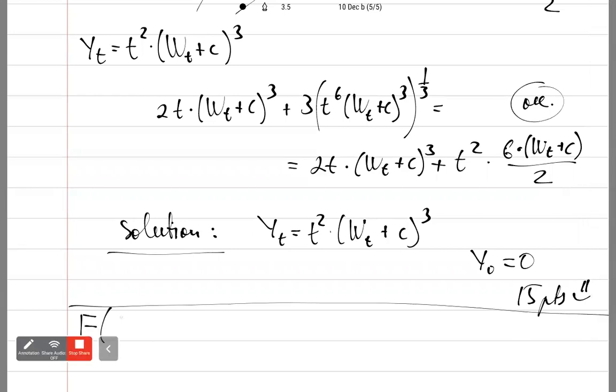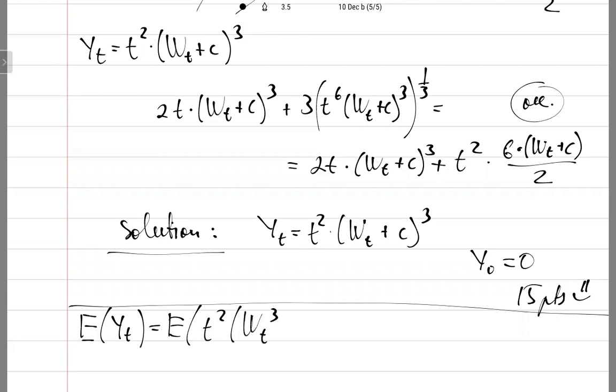Expected value of y_t is expected value of t squared times W_t cubed plus 3 W_t squared times c plus 3 W_t times c squared plus c cubed.